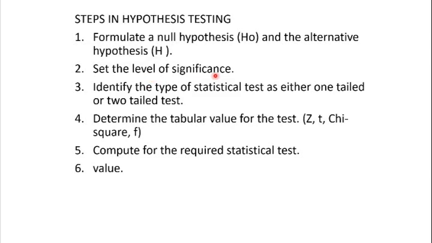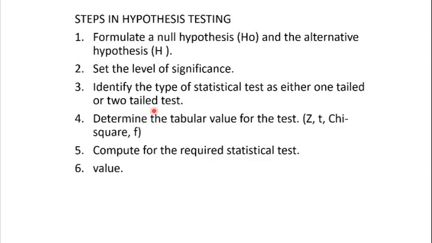So for the significant difference, we can use the 0.01, 0.05, 0.10, depende dito sa isa-set natin na level of significance. And then next is to identify the type of statistical test as either one-tailed test or two-tailed test siya. So usually kapag may range naman siya, ito yung limit natin, we have the two-tailed test. So kanina pinakita naman natin yung graph ng one-tailed and the two-tailed test.